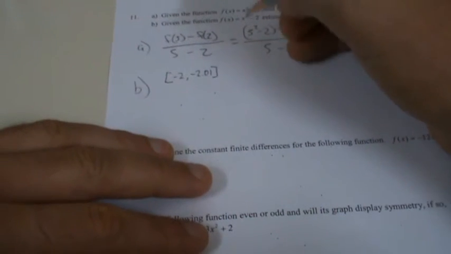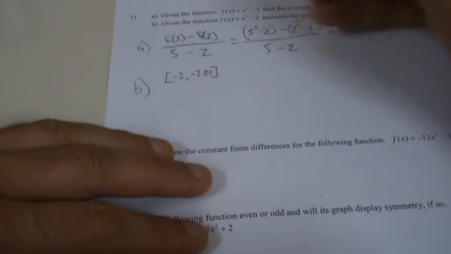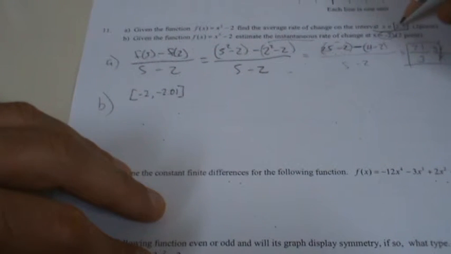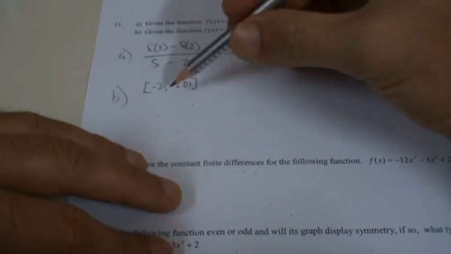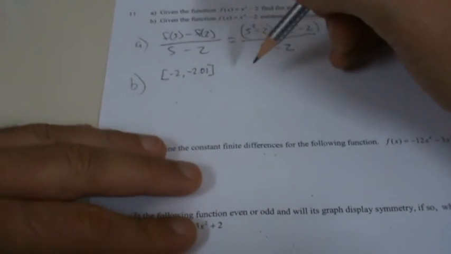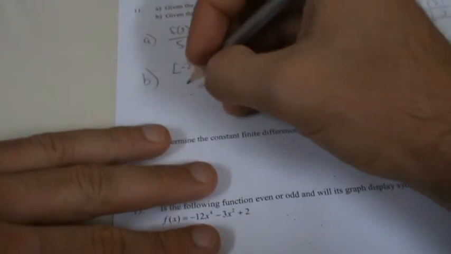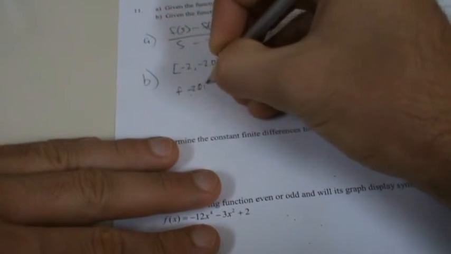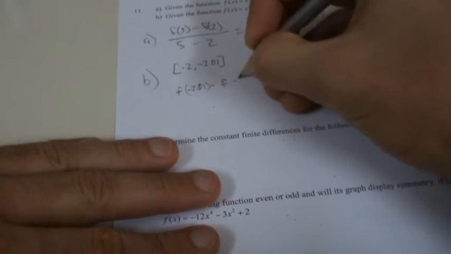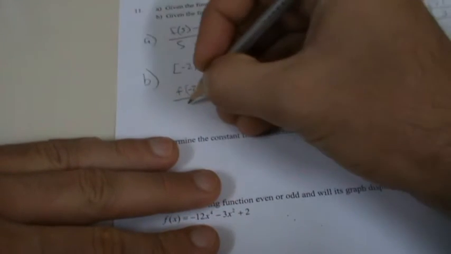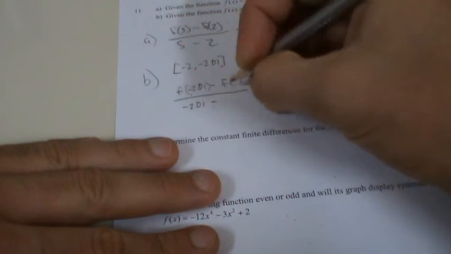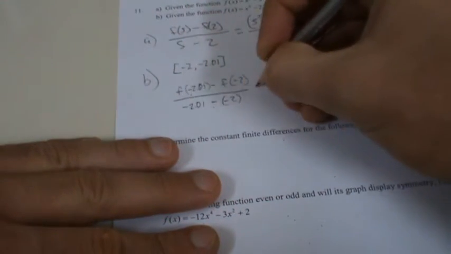Let's do the same process, but instead of using 2 and 5, which is up here, I'm going to be using -2 and -2.01. So I'm doing f of -2.01 minus f of -2 over -2.01 minus a -2.